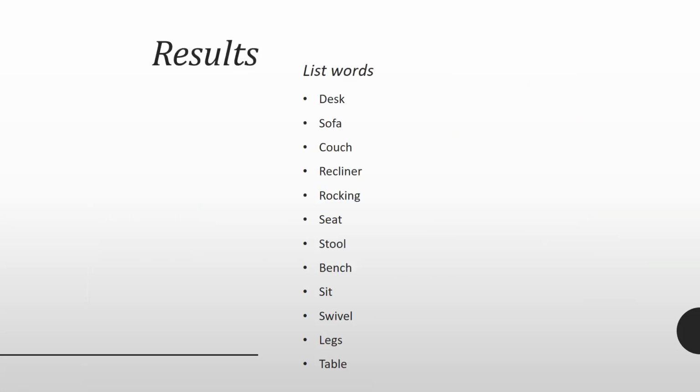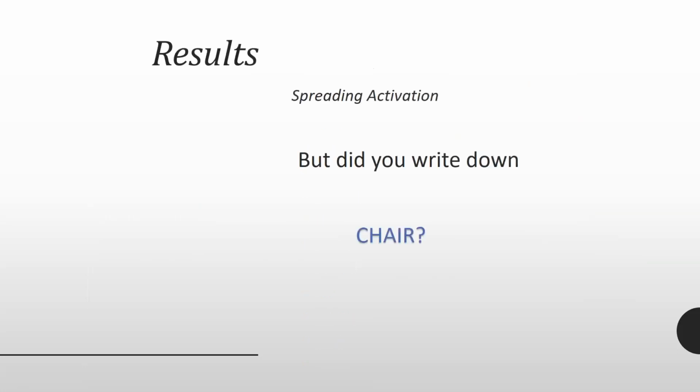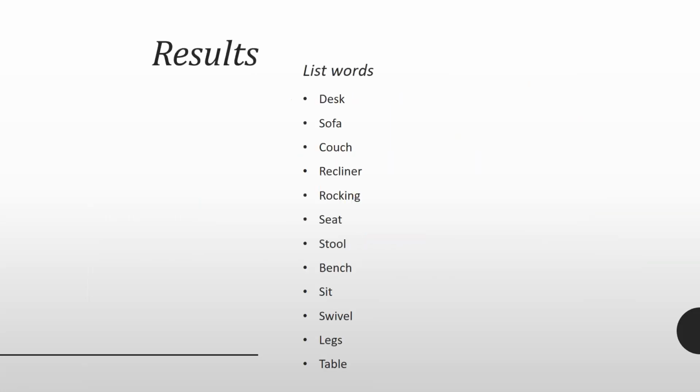But the interesting part of this example is, do you remember recalling chair? Chair was not actually on the list, but more times than not, people will write down chair and remember having seen it. That is because all of the list words that you did see, their activation spread.